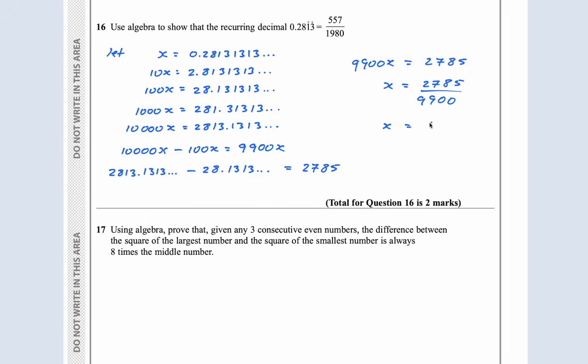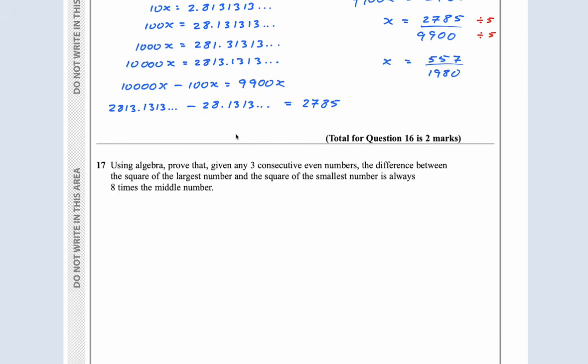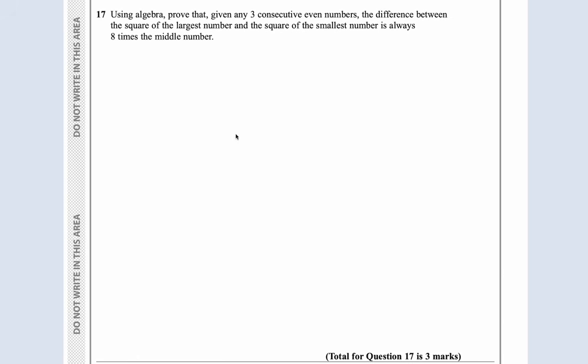So 557 over 1980. You'll get full marks for that, but if you want to show that what you've done is divide by 5, you can literally just go divide by 5, divide by 5. Okay, that's question 16.